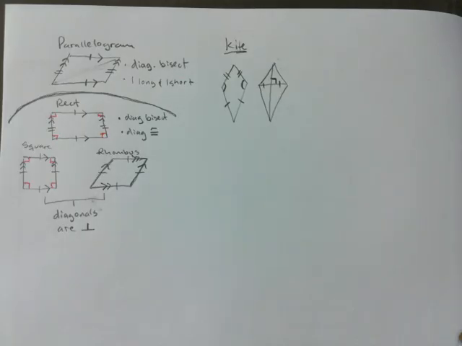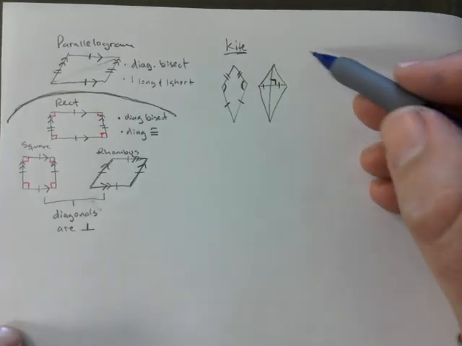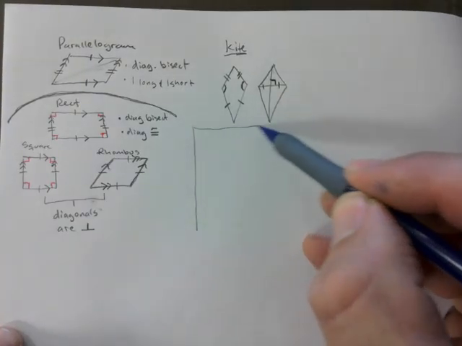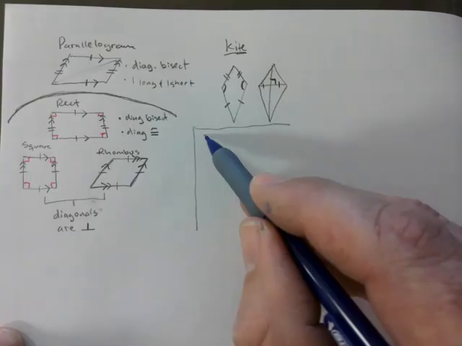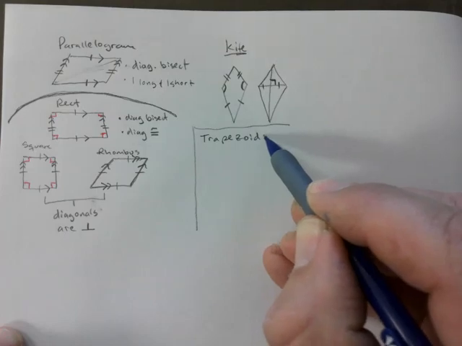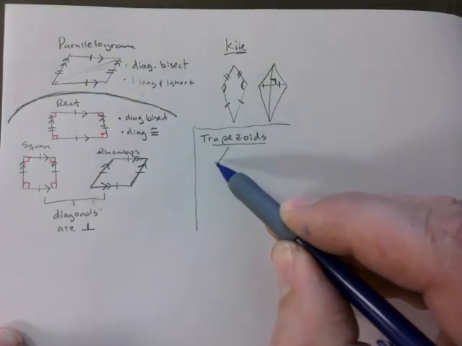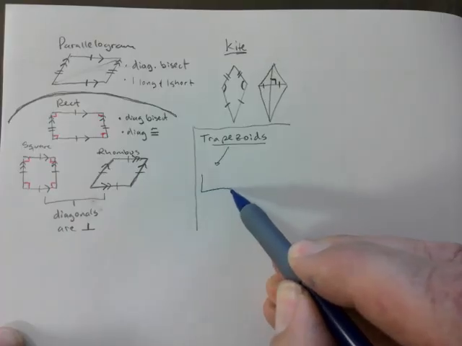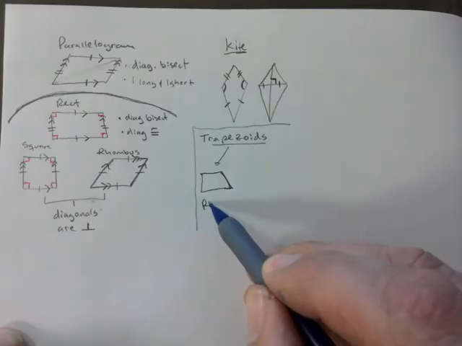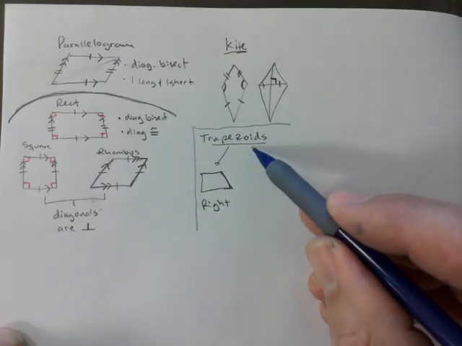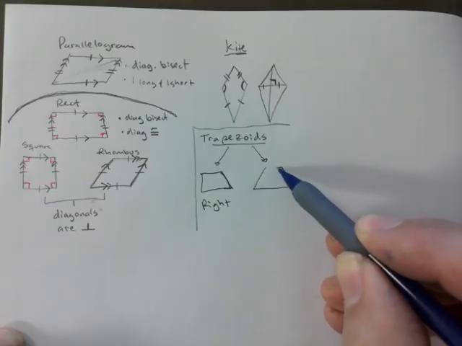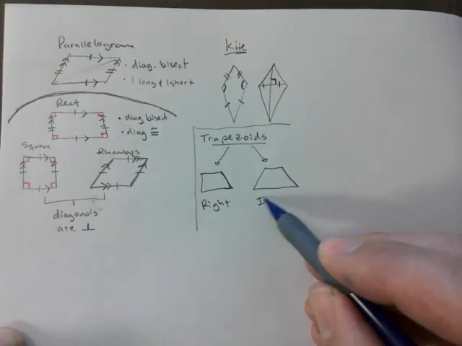Okay. Then you've got your, maybe we can squeeze that in here. So I'm going to just do that. These will be your trapezoids. You've got the right trapezoid. And you've got the, some classrooms have trapezoid tables, right?